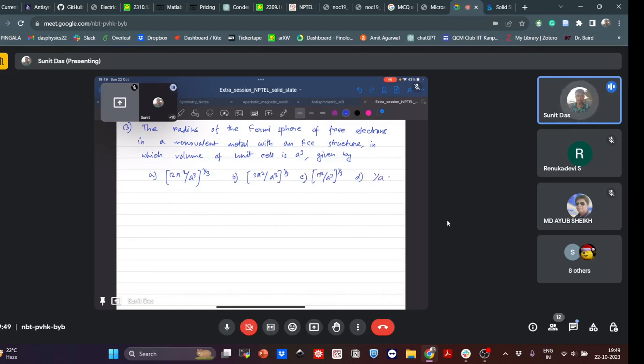So the radius of the Fermi sphere of free electrons in a monovalent metal with an FCC structure, in which the volume of the unit cell is given as a cube. We need to find that radius of the Fermi sphere. Which of the following options is correct?